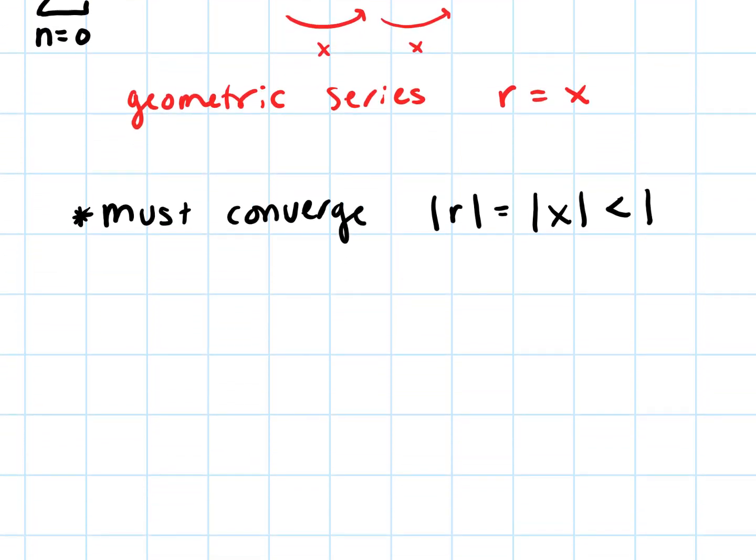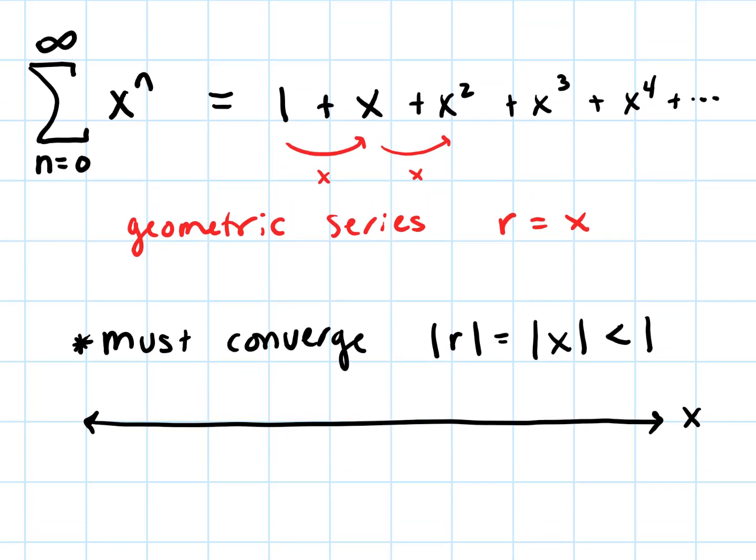So if we're thinking about where this converges, this is an infinite polynomial, and we're thinking about it as a polynomial, and it is going to converge for values of x that are in between -1 and 1. So there's our first power series.